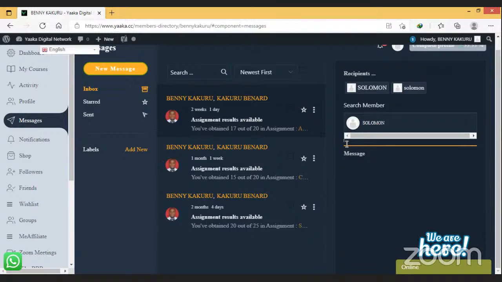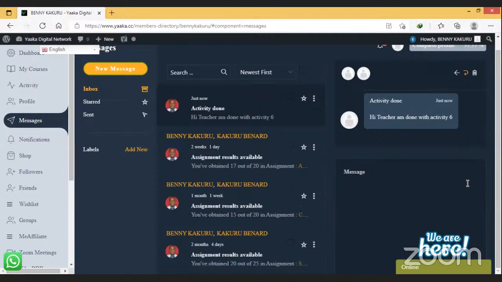Yeah. So activity done. Then I teacher, done activity 56. Find it, attached. Before you do enter, you have to attach.